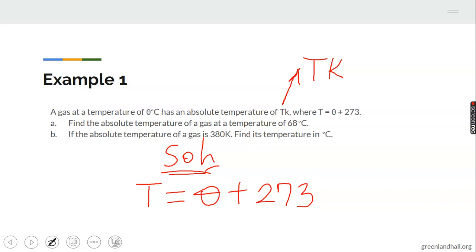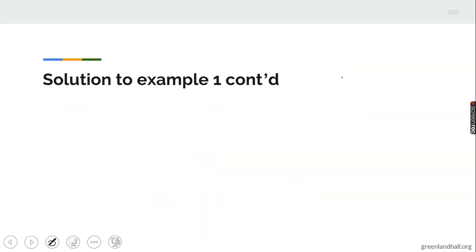We have to find the absolute temperature of a gas at a temperature of 68 degrees. The first thing you do is write out your parameters. Your theta is 68 degrees. Then you can solve.